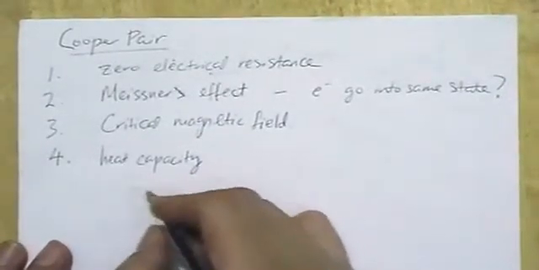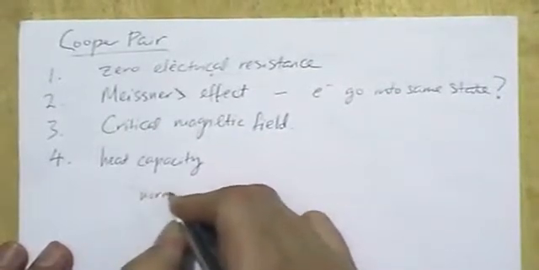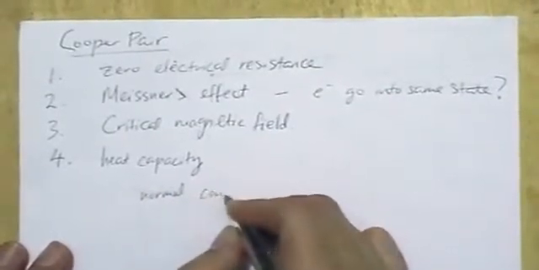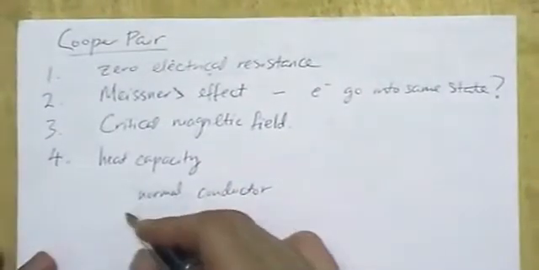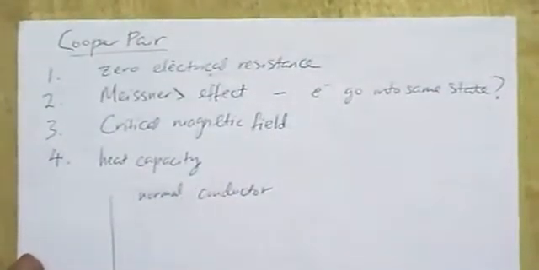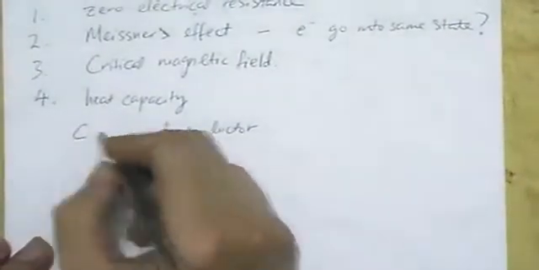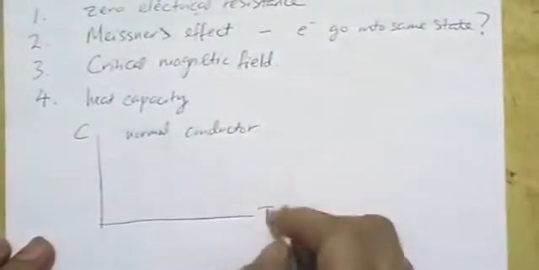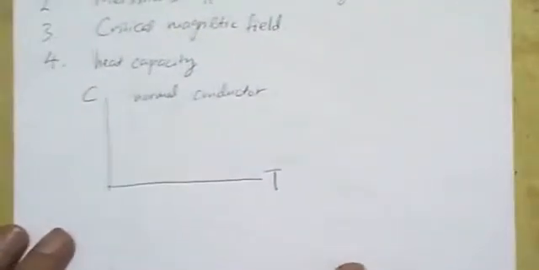Suppose that I have a normal conductor, then if we imagine plotting the heat capacity against temperature for a normal conductor, we know what it looks like.